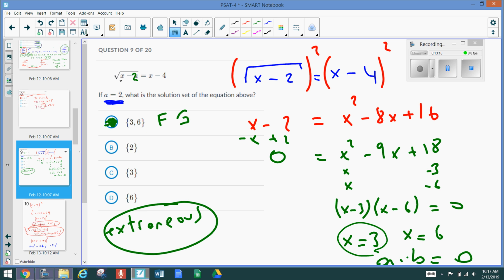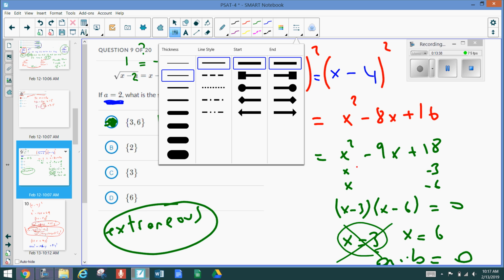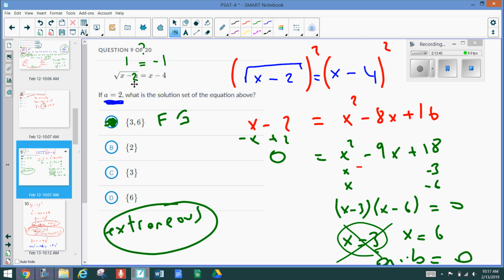Plug in this. 3 minus 2 is equal to 1. Root 1 is equal to 1. Is that equal to 3 minus 4, which is -1? It's not equal, so this is not the solution. Try 6. Yes, 6 minus 2 is equal to 4. Root 4.